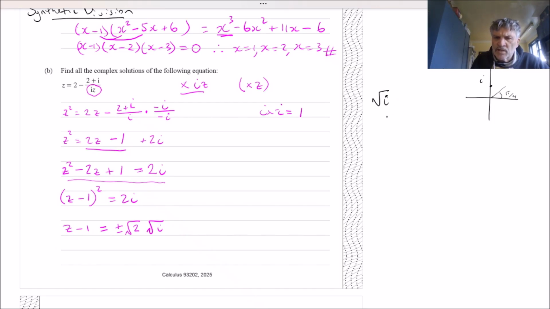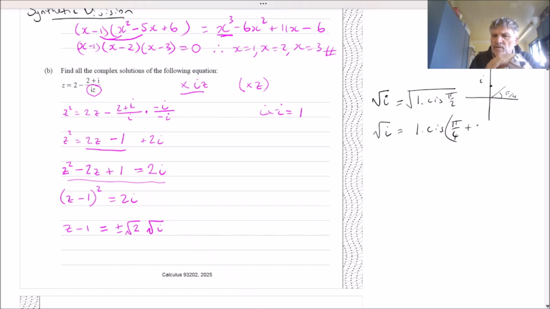So i is 1 cis pi over 2, and the square root of i is going to be 1 cis pi over 4.